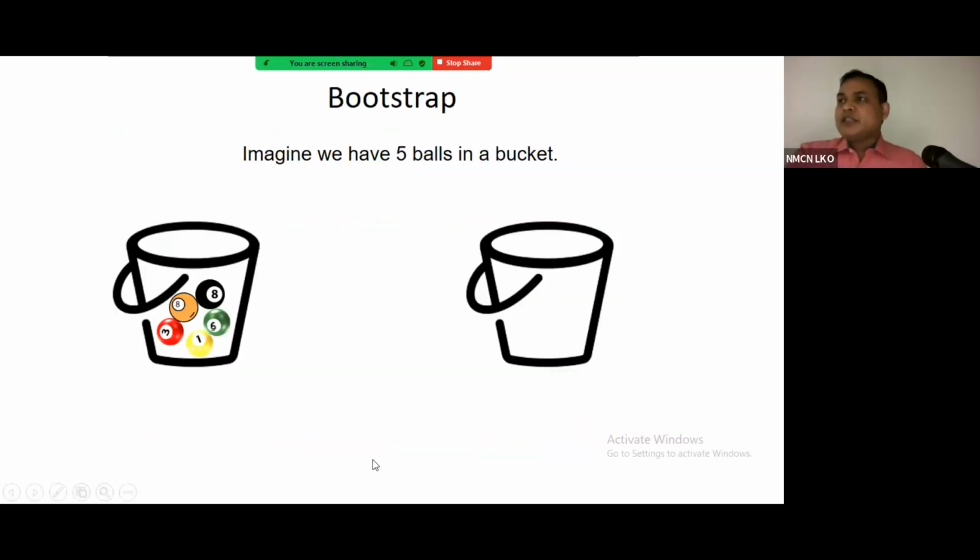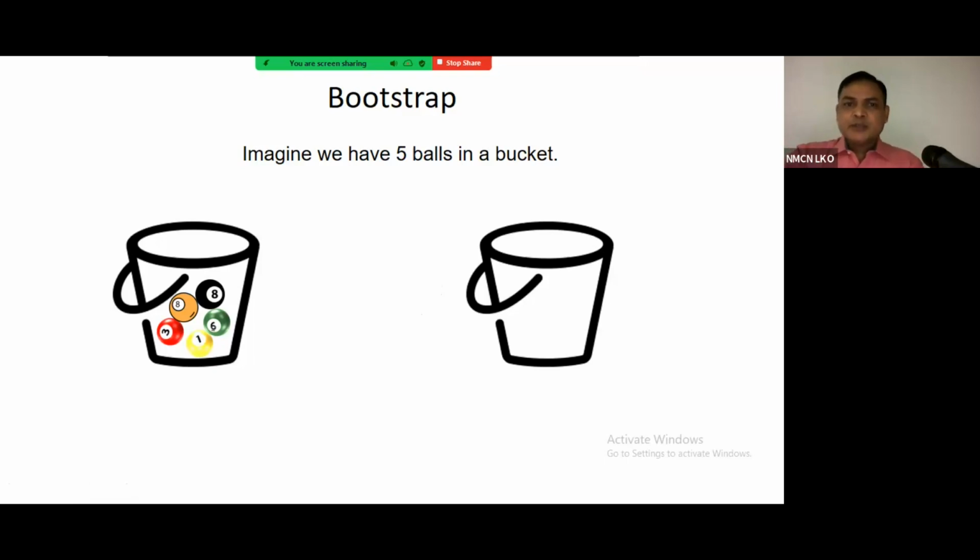So here, Bootstrap is the technique. By using this technique, we can estimate the standard error and confidence interval of those statistics whose formulas are not derived.